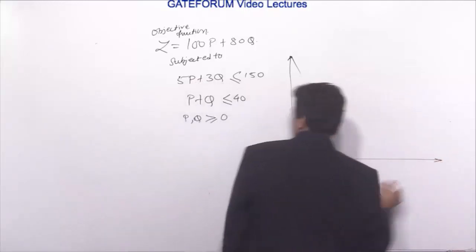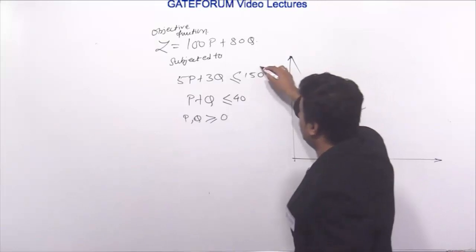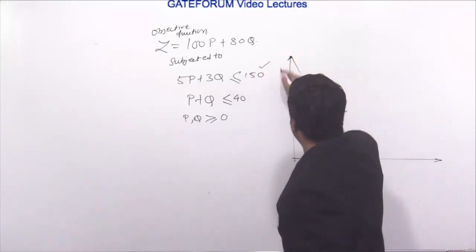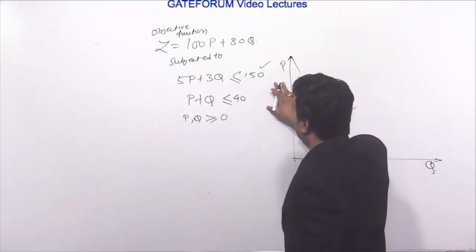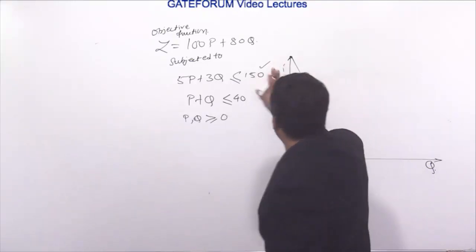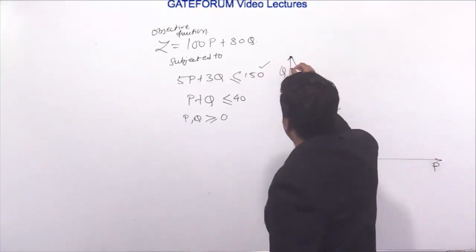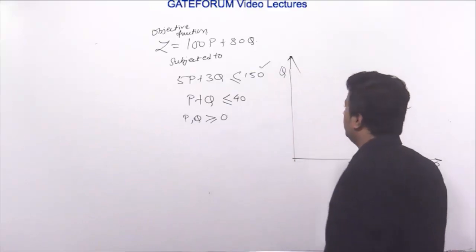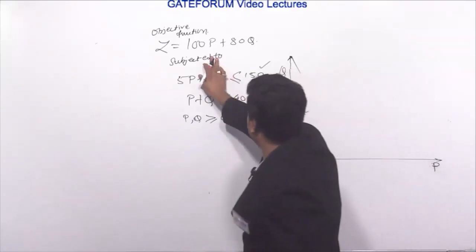Let me draw the first line for the first constraint. This is P and this is Q. Let me take Q equal to 0.